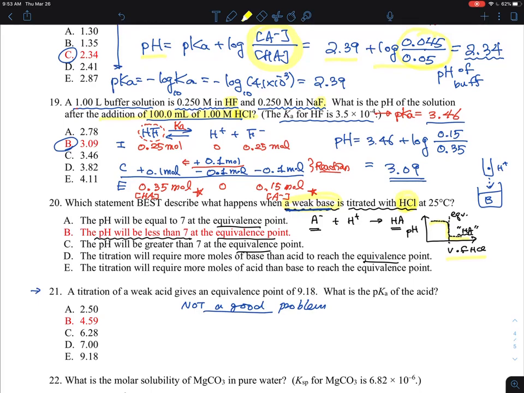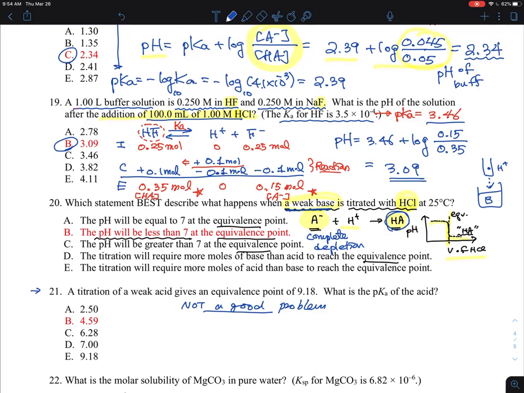And then this is the equivalence point, at which you will have a complete conversion, essentially complete consumption, or what we call depletion.